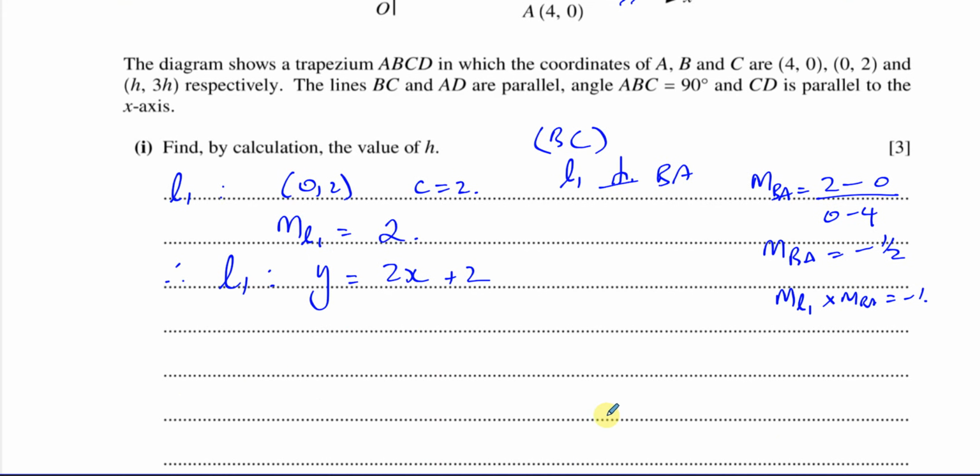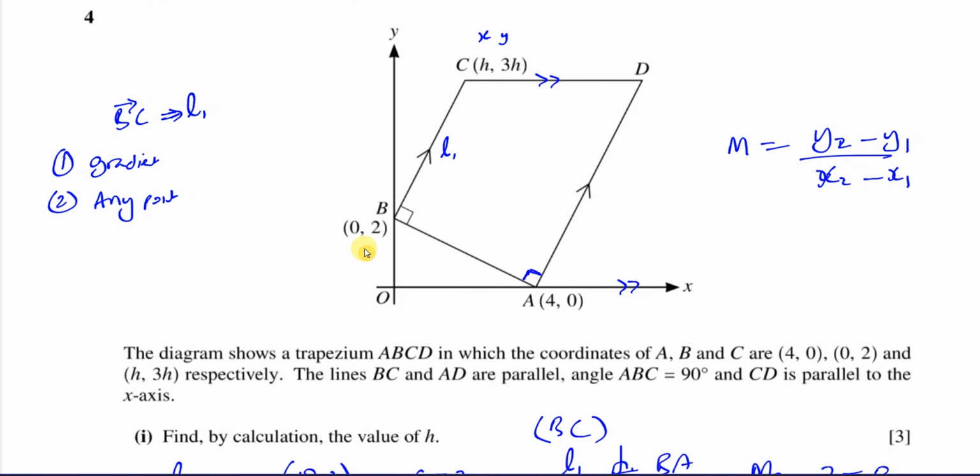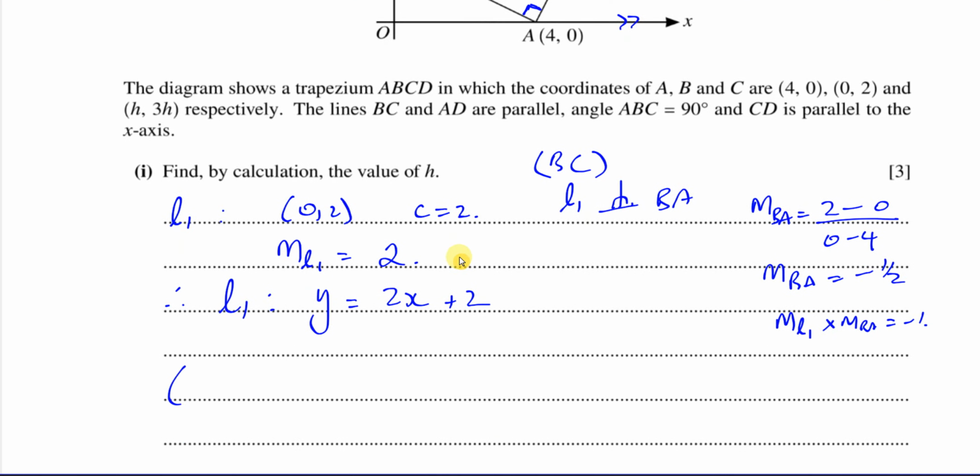Now, if I want to find the value of h, I know the coordinate of C is (h, 3h), and C lies on line 1. Therefore, it satisfies the equation of line 1.